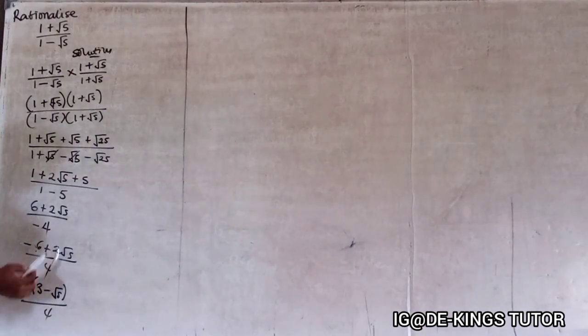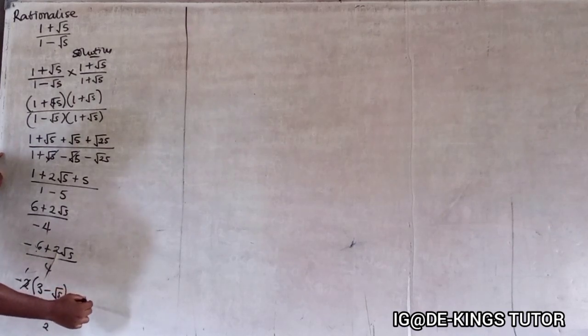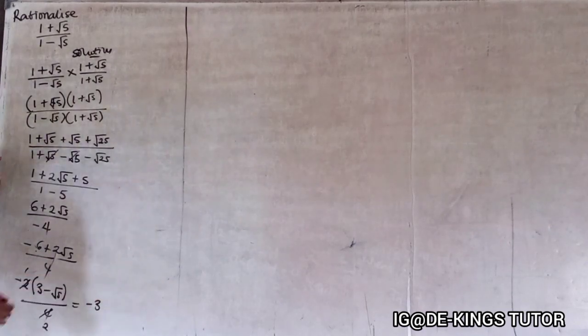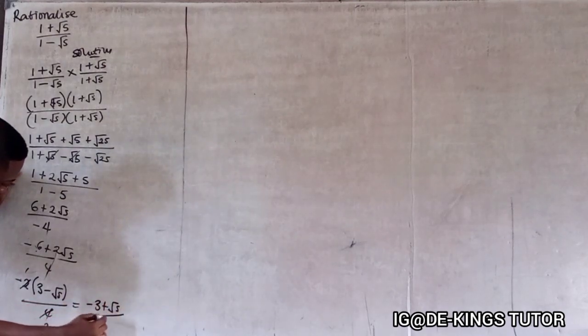Minus times minus is plus. So 2 times 1 is 2. So if I simplify this, 2 in 4 is 2. So my answer can be minus 3 plus root 5 over 2.